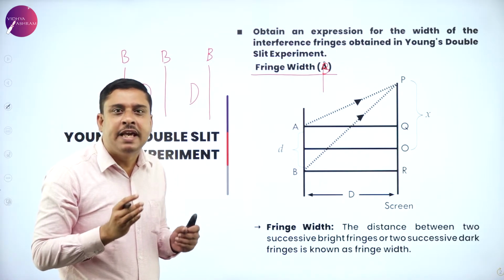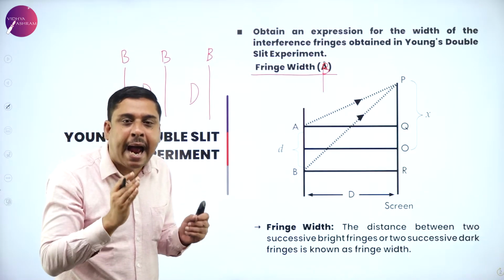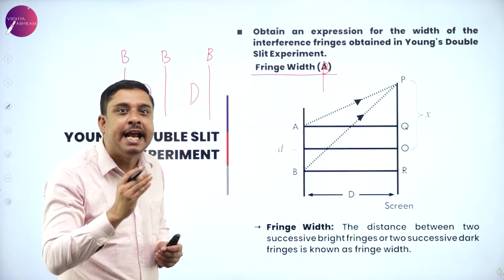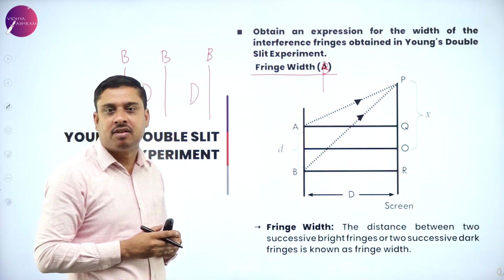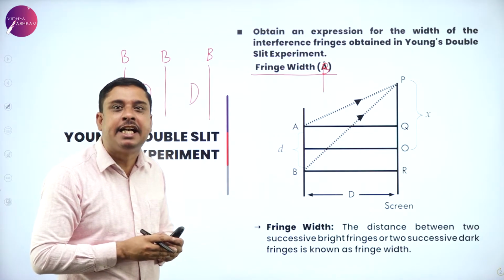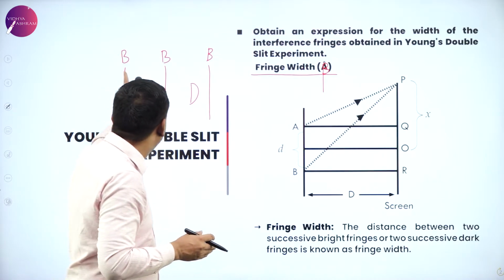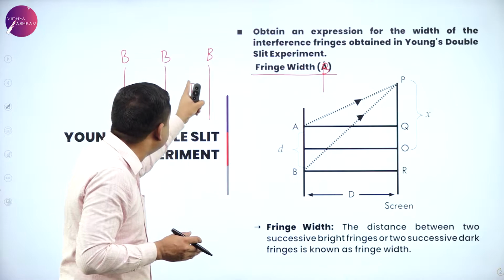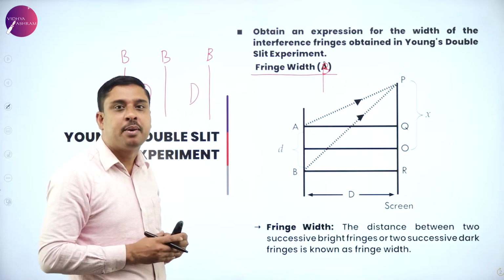Whenever we have an interference pattern, it is alternate bright and dark bands, alternate bright and dark fringes: the bright fringe, the dark fringe, the bright fringe, the dark fringe, and so on.